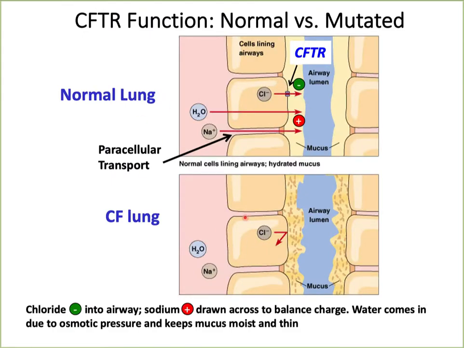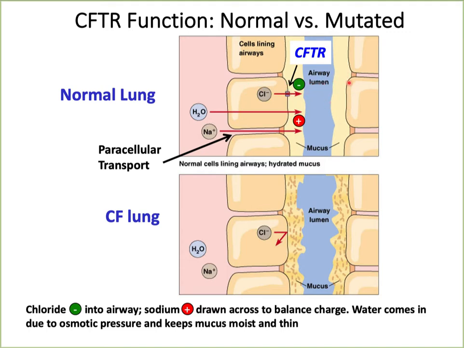So this is how the CFTR works in a normal lung and CF lung. There are epithelial cells that line the airway of the lungs, and these produce and secrete a mucus that ends up in the lumen of the airway. So what happens in the normal situation is that the chloride is transported into the lumen through the CFTR protein.